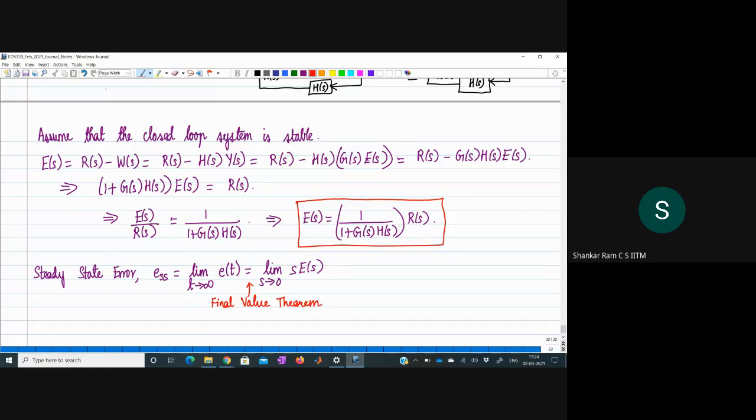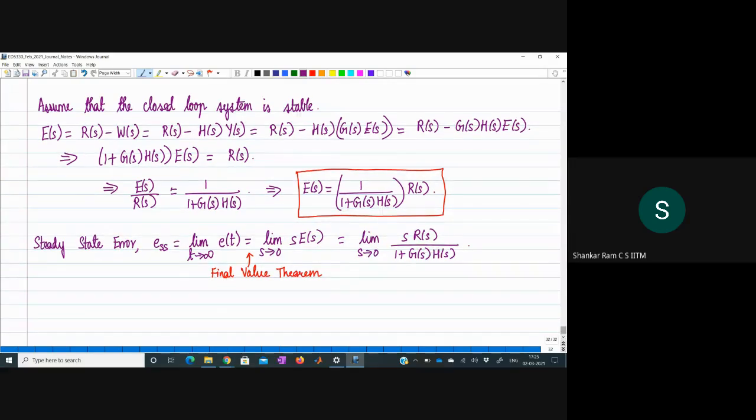If we now substitute for E of s, we get limit s tending to 0 of s times R of s divided by 1 plus G of s H of s. So I hope it's clear how we got the expression for the steady state error.